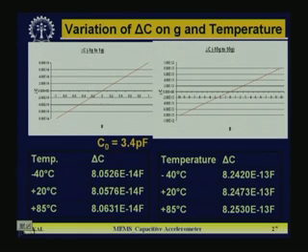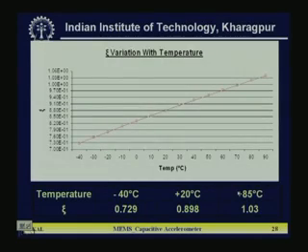Now the variation of xi, that is the damping ratio, is also shown at different temperatures: +40 degree C, -40 degree C, +20 degree C, +85 degree C. Over the whole temperature change we found at -40 C it is 0.729, at +20, that is room temperature, it is 0.898, and at +85 it is 1.03.